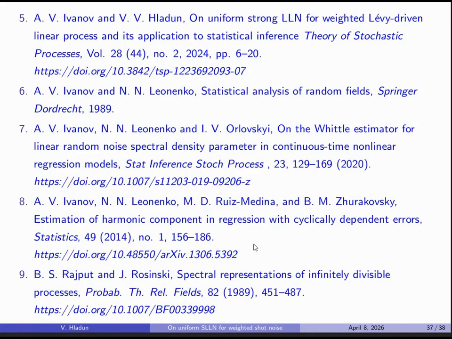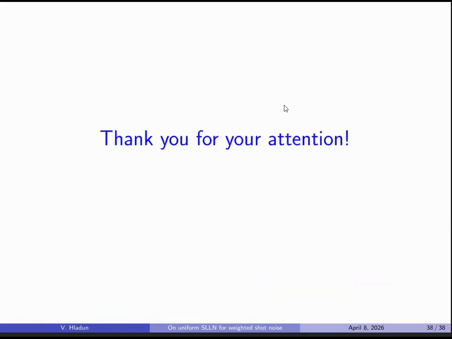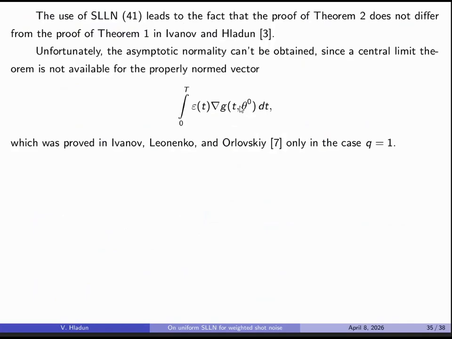Yeah. And what is the reason that asymptotic normality works only for q equals 1? Could you repeat, please? What happens for q equals 2? So what is the reason that you cannot prove asymptotic normality?